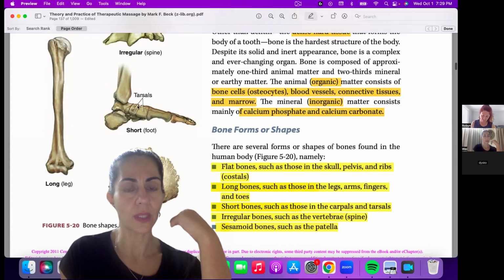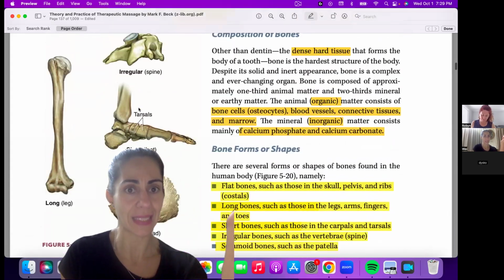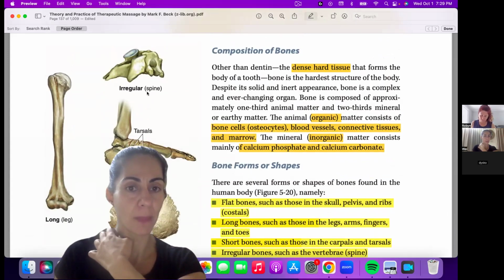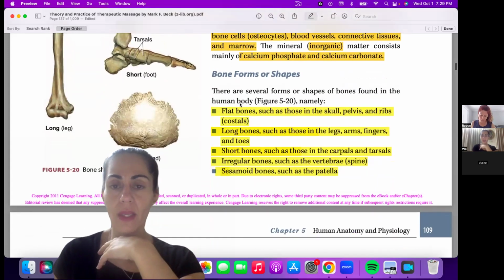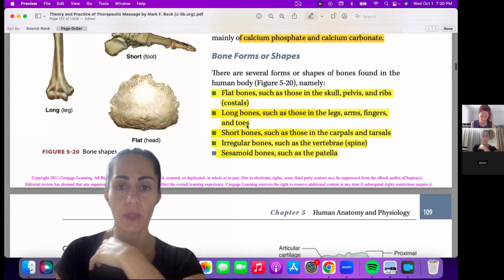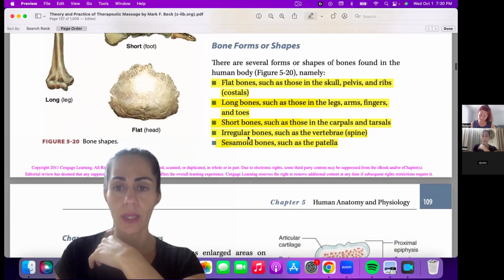Short bones are the tarsals in the foot and carpals in the hands. And in the spine is irregular bone, an irregular shape. Other examples of flat bone are the pelvis and ribs. And we have sesamoid bone, which is the patella in the knee.